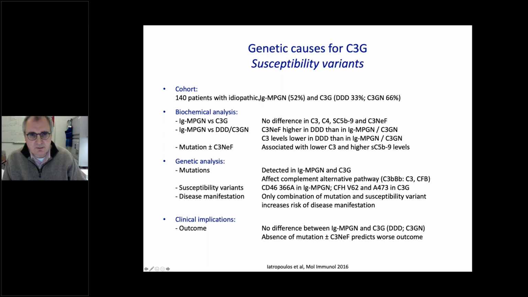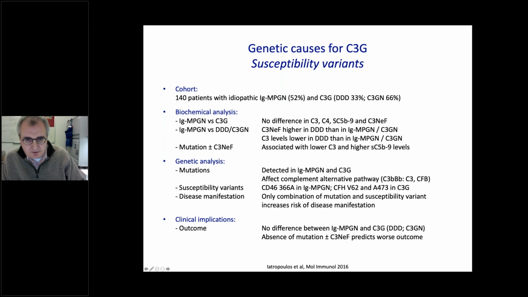So here they call them IG MPGN, you could also call them IC, immune complex MPGN, and the C3Gs. So these are the ones I've spoken to you about. They sequenced also the rest of their cohort. And what they really found, focus on the genetic analysis paragraph, please, is that they found mutations in both of those groups.